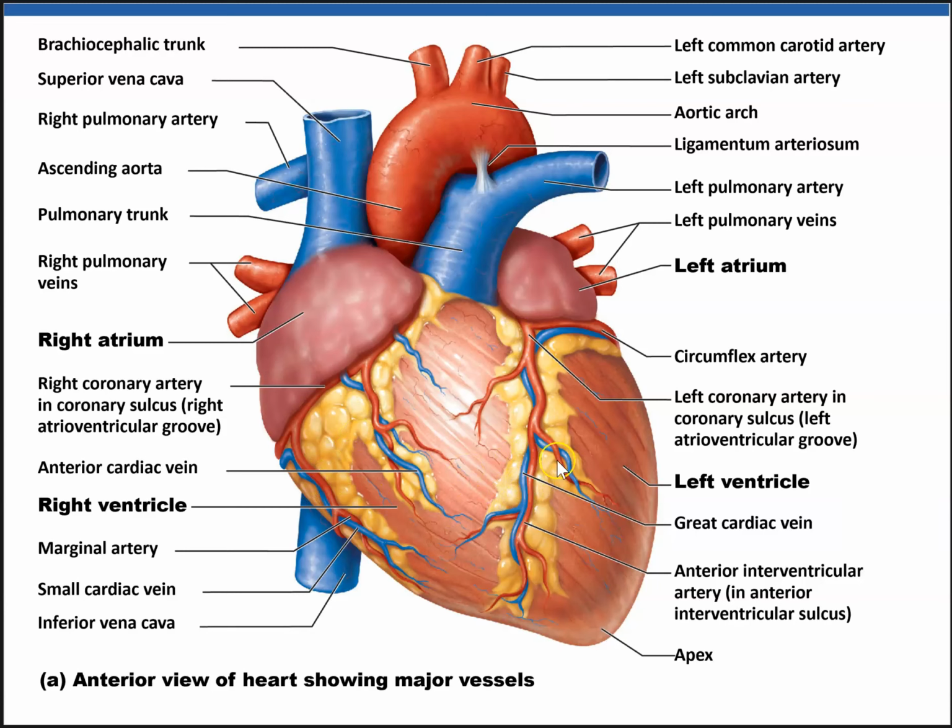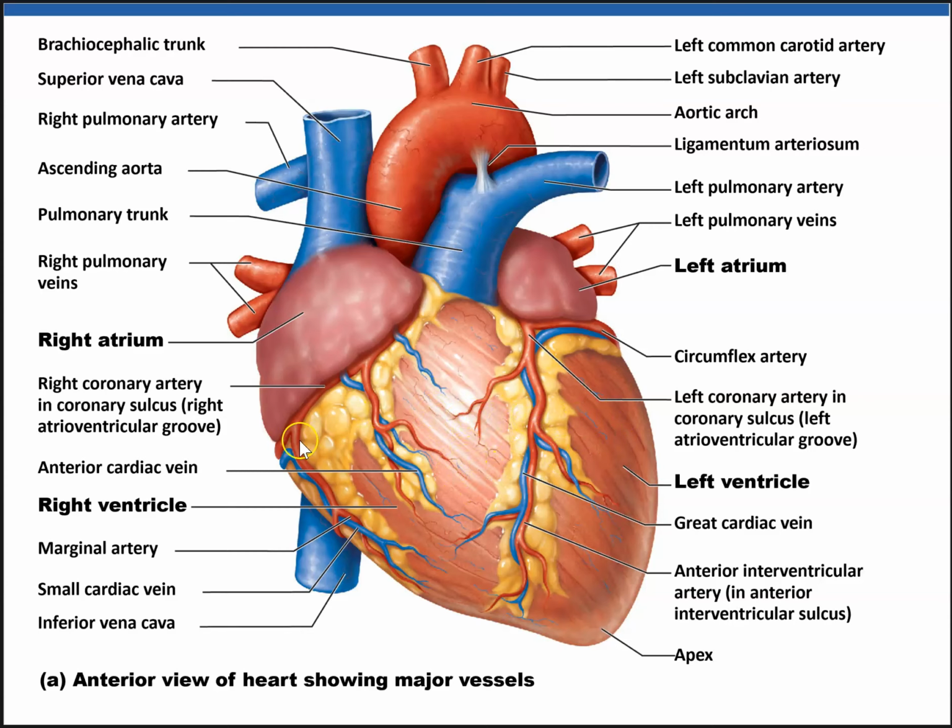So you have the anterior interventricular sulcus in the front. So this is the anterior interventricular sulcus. And then the posterior interventricular sulcus will be present in between the ventricles on the back.